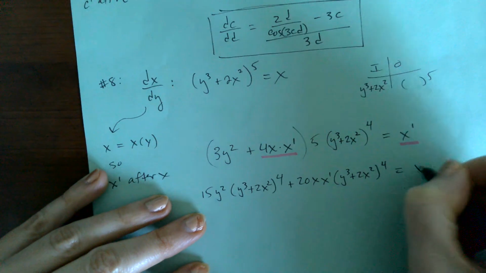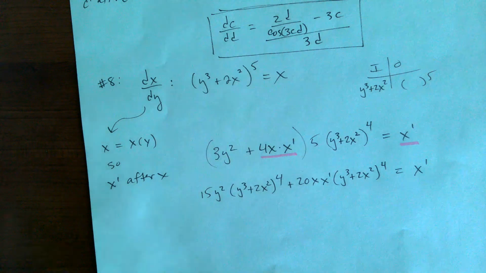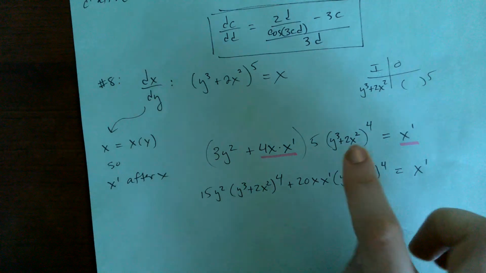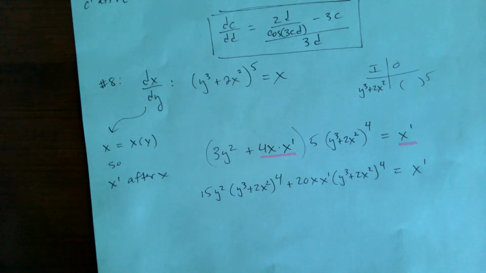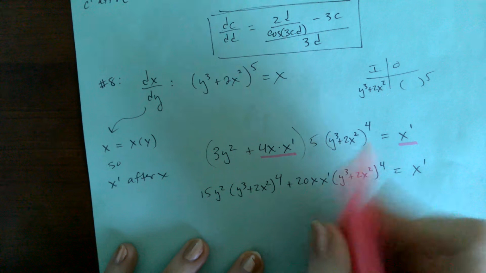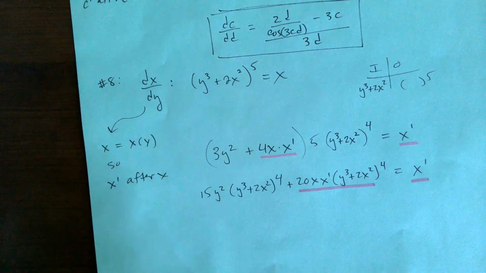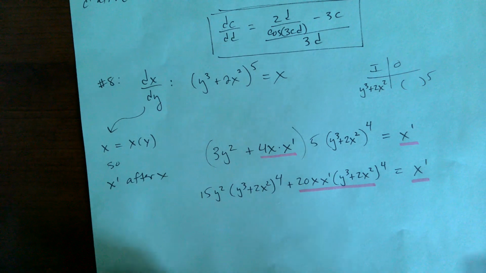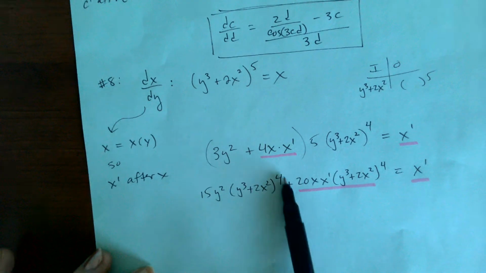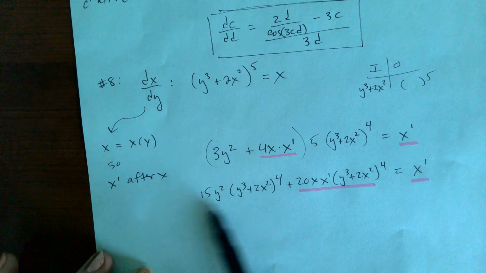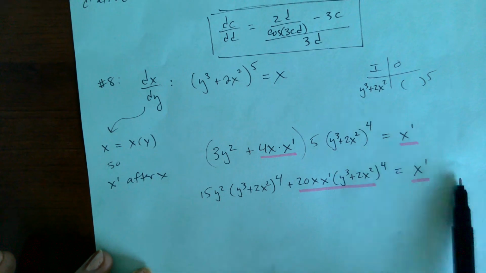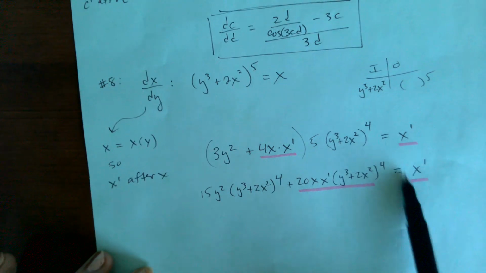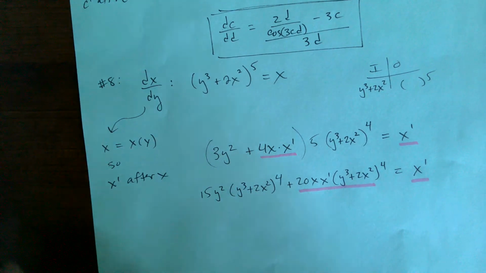Okay, that's just some algebra right there. I just distributed that to each of those terms. So now I need these to be on the same side so that I can factor out the x prime. So I'm going to subtract this one from both sides to get it over there, and then I will also subtract this one from both sides to get it over here.